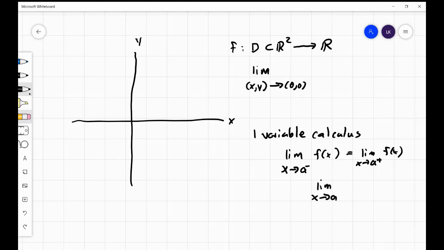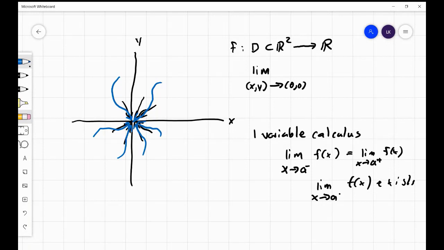But of course, we're in 2 dimensions for functions on R2. So there's more than 2 directions, right? There's not just from the left and from the right. There's from any direction towards the origin. And even worse than that, there's really any curve that goes to the origin.